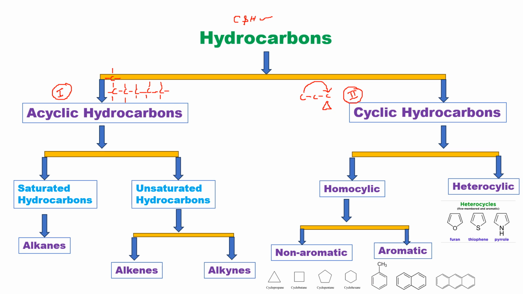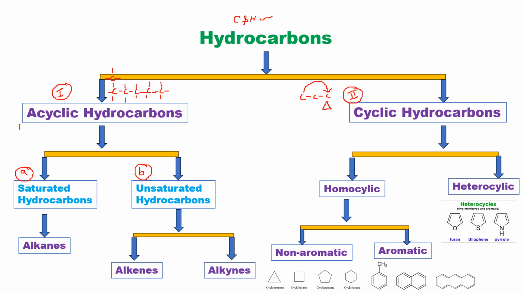Then again, acyclic hydrocarbon compounds are classified into two types. Number one, what is that? Saturated hydrocarbon compounds. Number two, unsaturated hydrocarbon compounds. What do you mean by saturated?